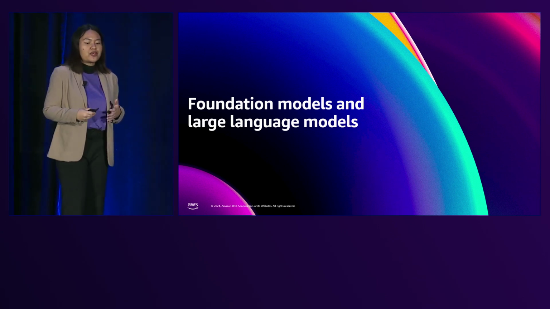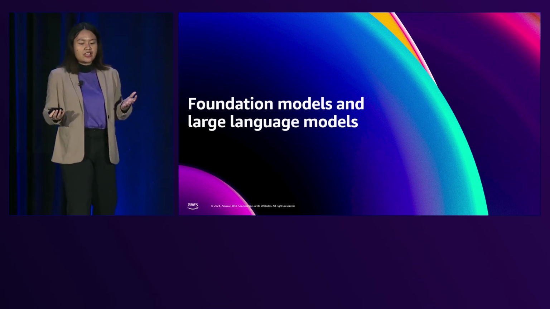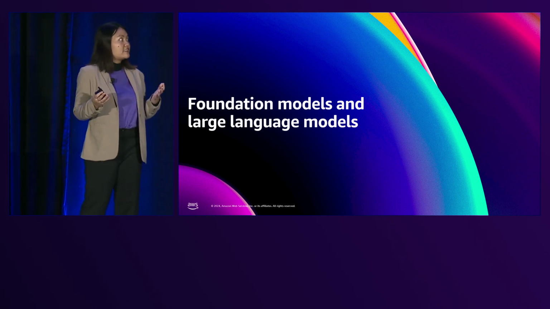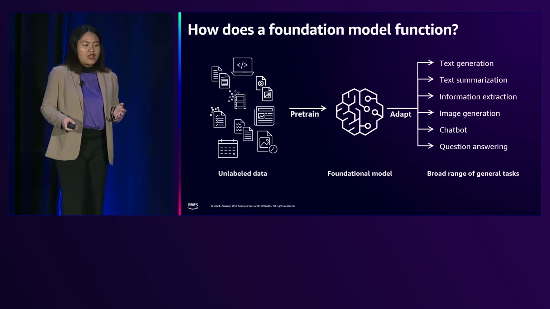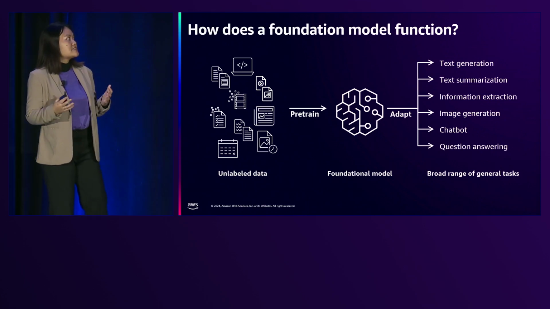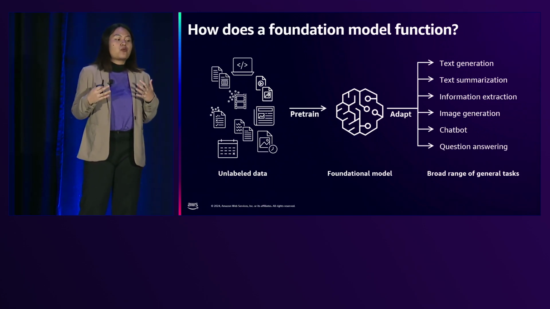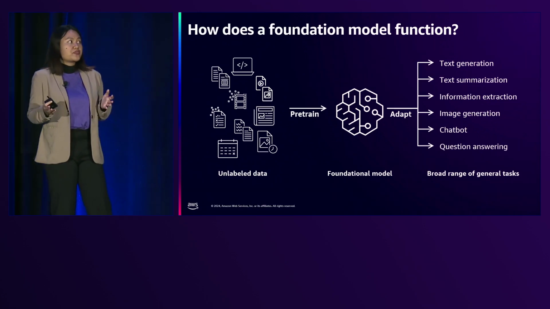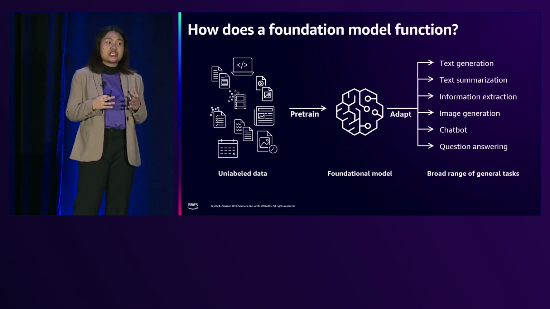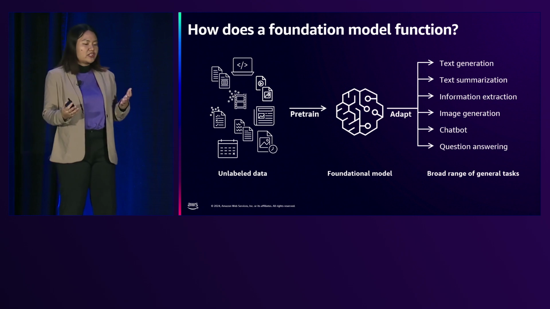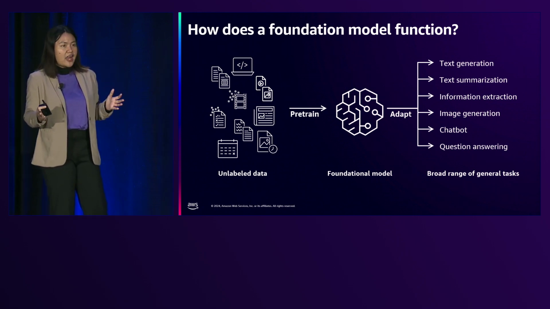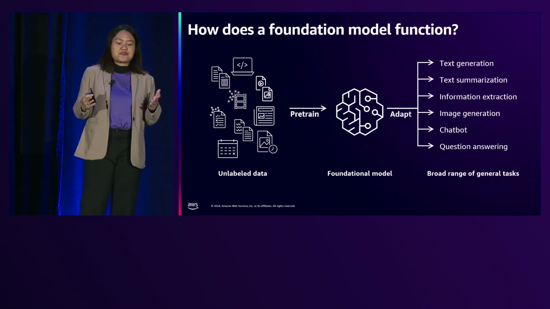Before we cover prompt engineering, let's take a look at foundational models and large language models. So how does a foundational model work? Before foundational models, we had machine learning. With machine learning, you have a model, and then you need to specify the use case for your model.